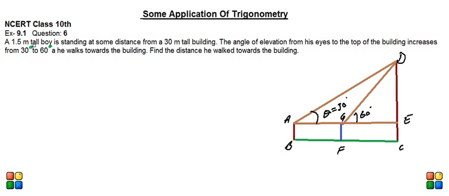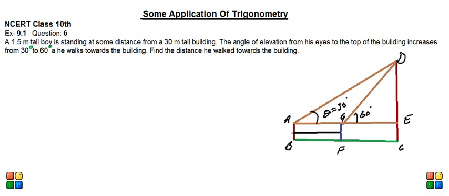What next can I do in order to make it very clear to you? We have to find the distance he walked towards the building. So I have to find out what distance the person traveled when he walked towards the building. This is the distance I have to calculate.